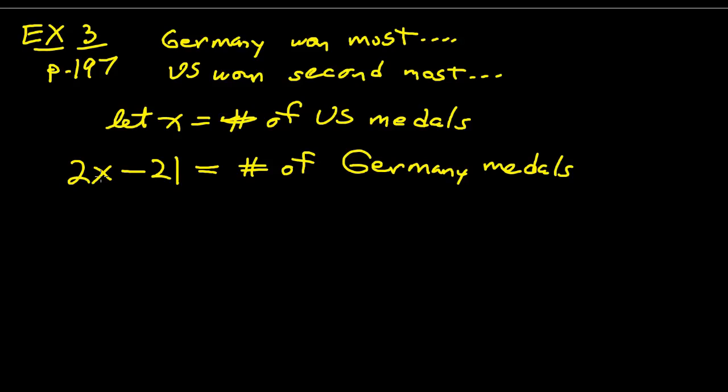Now we're going to set up our equation with this last bit of information in this problem. If the difference between the medals won by Germany and U.S. is 4, determine the number of medals won by Germany. All right, the difference between the number of medals is 4. Let me write that down.